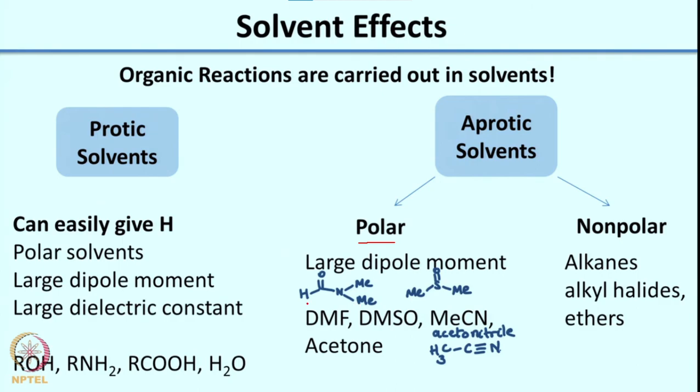You can see the structures here, the electronegativity difference is there, so dipole moment is present in all these cases, right? And they are aprotic solvents because they cannot give a proton during the reaction. Now talking about the non-polar aprotic solvents, alkanes, alkyl halides and ethers come here. Mostly THF and diethyl ether are used in this type of reaction.